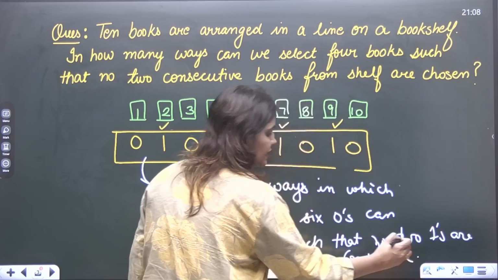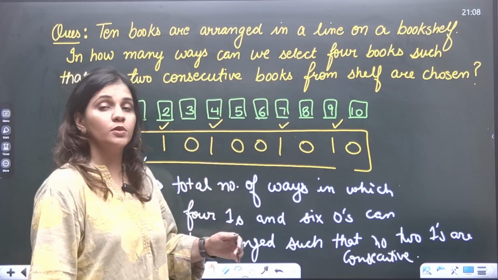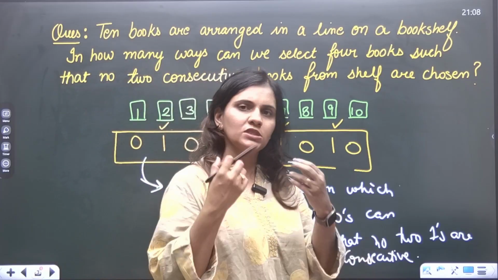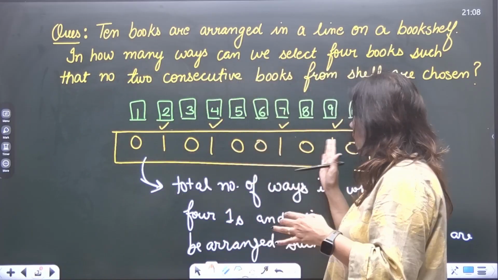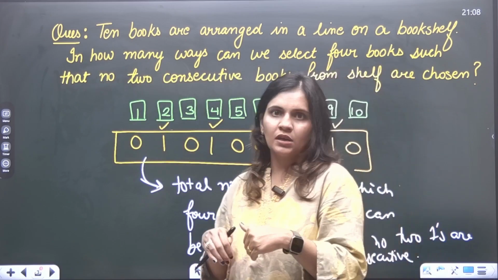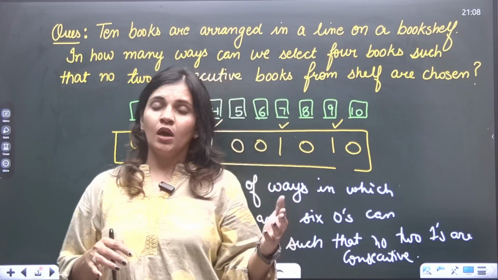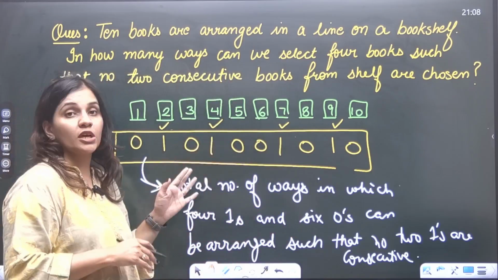So I have changed the whole problem into a binary sequence, where all ones represent that these books are selected, and all zeros represent that these books are not selected.